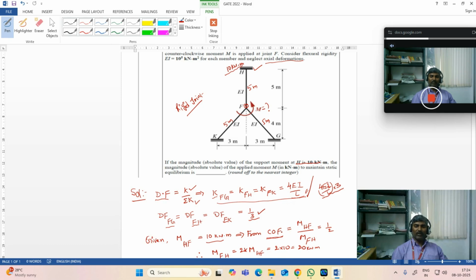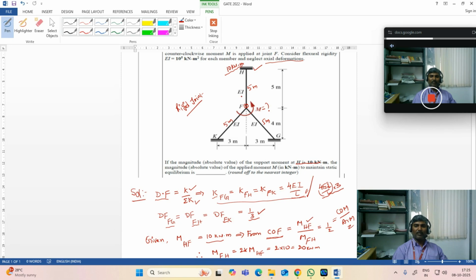So what is the carryover factor? The carryover factor is the moment carried to the far end divided by the moment applied. So this is MHF, the carryover moment. Carryover factor is equal to carryover moment by applied moment, so MHF divided by MFH.